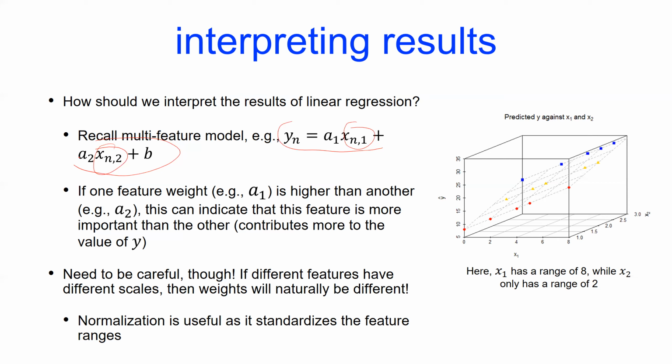Any small change in X1 will cause a huge change in Y. So if I want to predict some health problem by doing a blood test and an X-ray, and I find my blood test result contributes more towards my final prediction, obviously you should do the blood test or focus more on the blood test result, right?